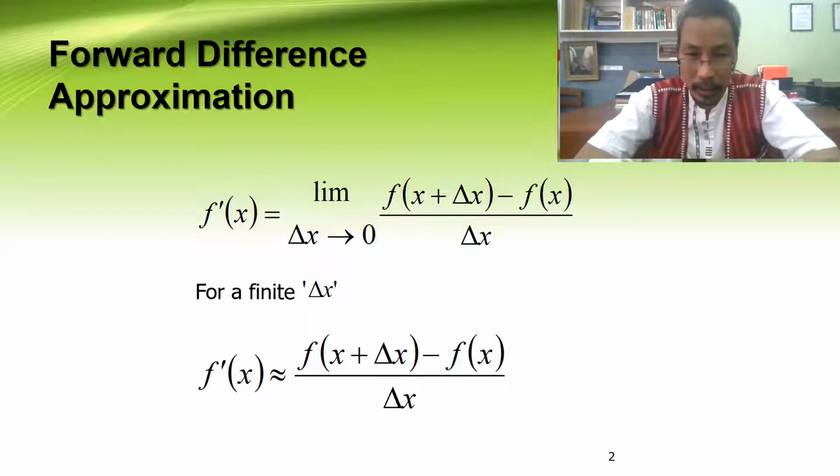So what we're going to do, we choose Δx to be very, very small. A negligible value, but still, it has a value. And we evaluate f(x + Δx) − f(x) over Δx to be the approximation of the derivative definition.